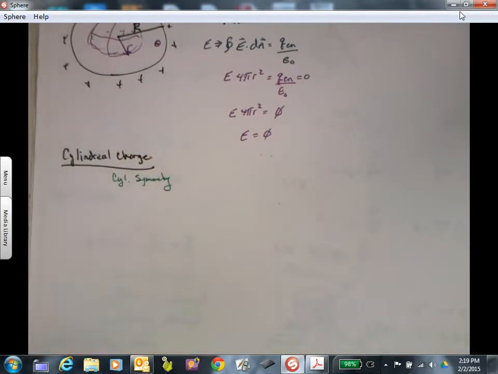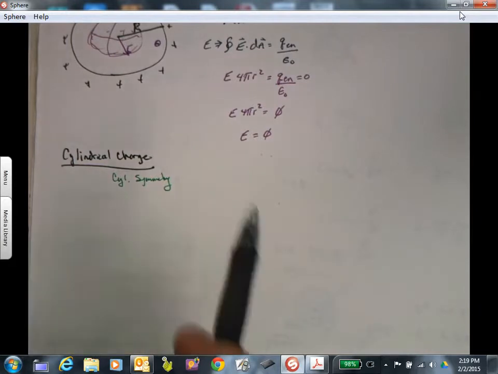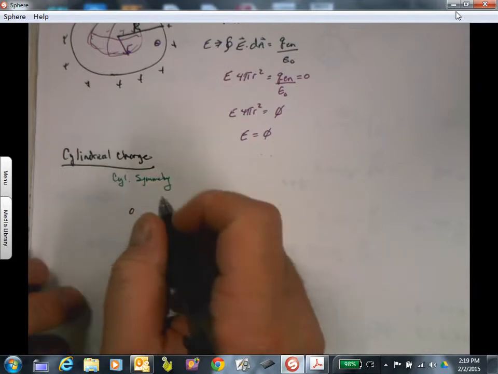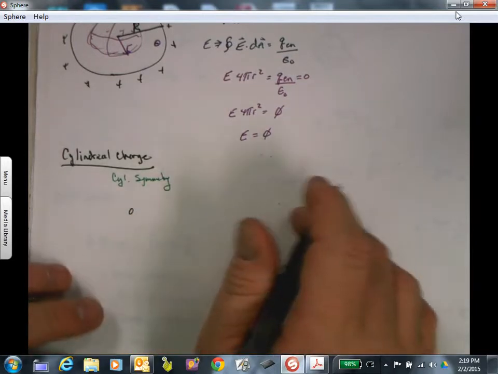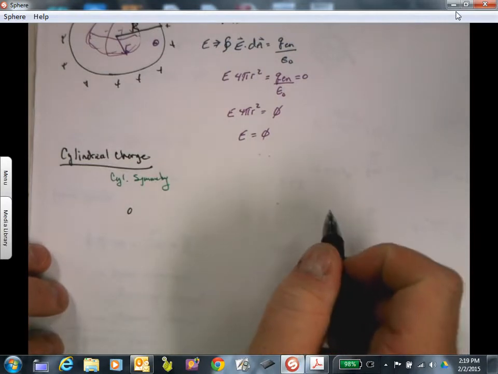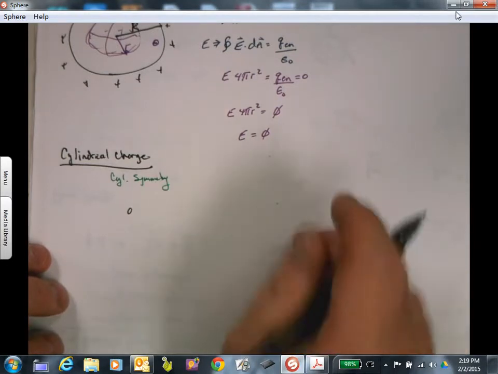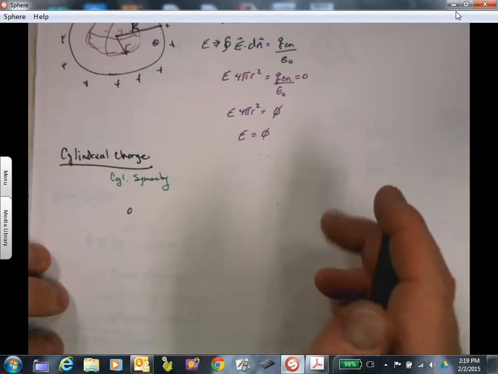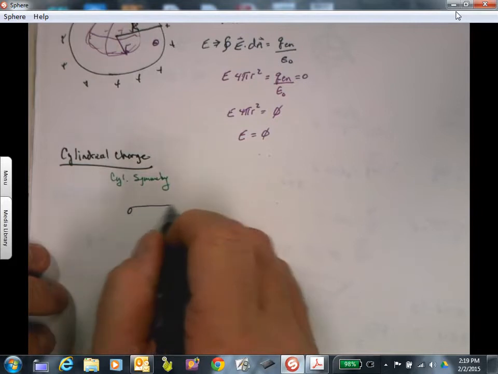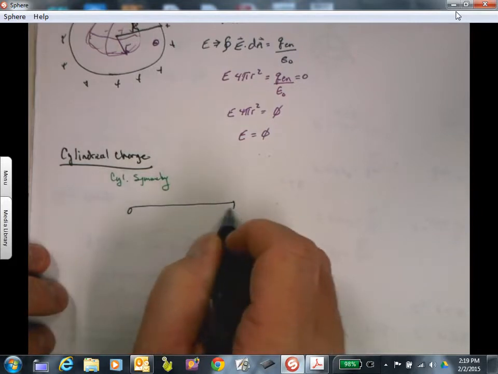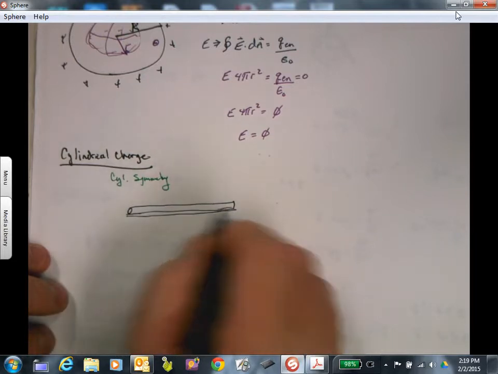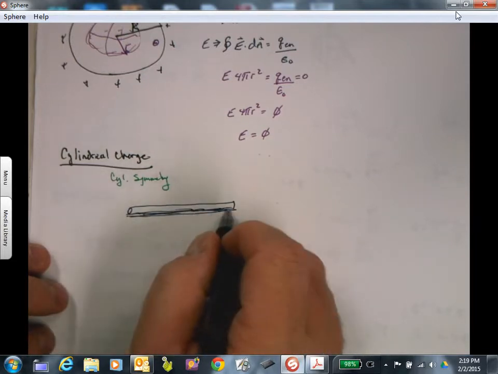We're going to create a wire, or for our intents and purposes, an infinitely long rod of charge. Infinitely long. A really, really ridiculously long rod of charge Q. You get what I'm saying?